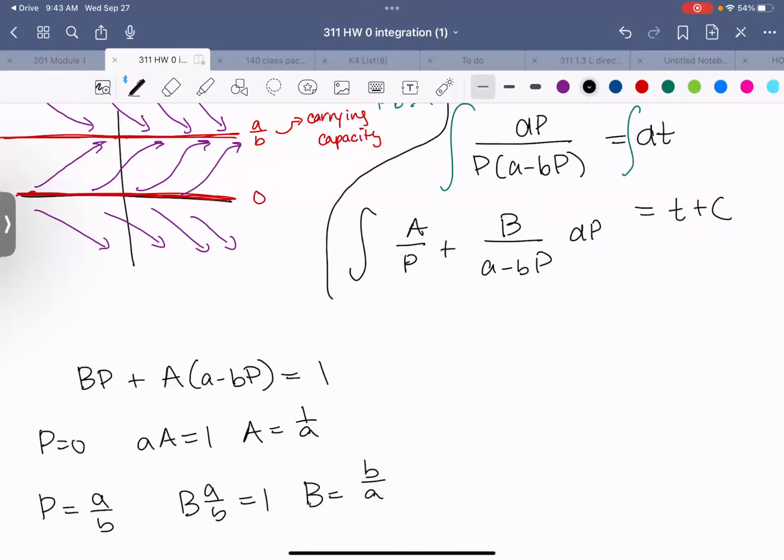They both have an a in the denominator of that fraction, so I'm going to move that out front. And then it's just the integral of 1 over p plus little b over (a minus bp) dp equals t plus a constant.